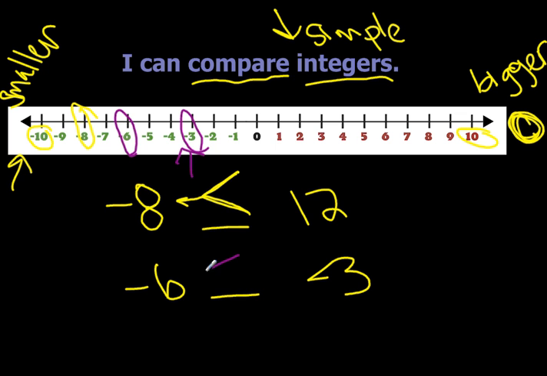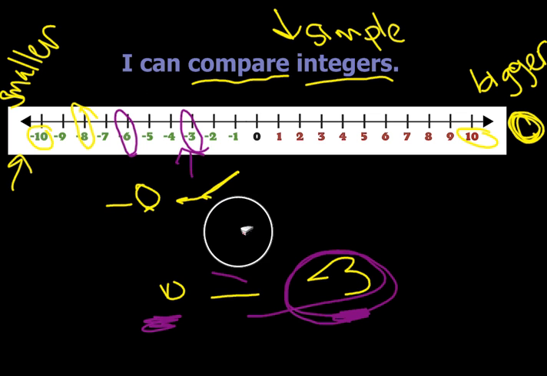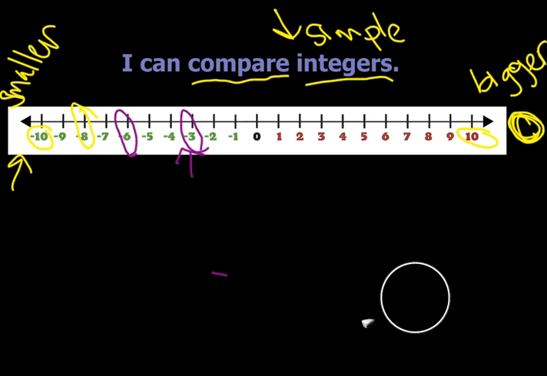You also can think about debt, and you can think, would you rather be $6 in debt or $3 in debt? Which is better? Which is more positive? Well, the negative 3 is the better situation to be in, so it's the bigger number, because comparing negatives can sometimes be tricky.